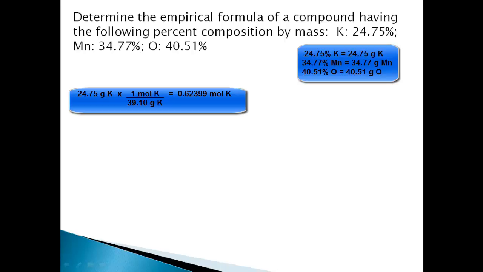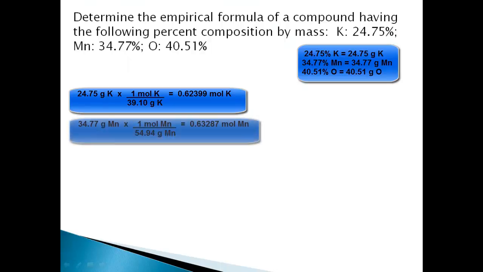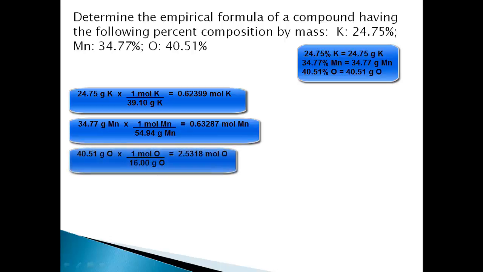I do the same thing for the others: 54.94 grams of manganese per 1 mole of manganese, and 16 grams of oxygen per 1 mole of oxygen. I calculate all that out, and you get 0.62399 moles for the potassium, 0.63287 moles for the manganese, and 2.5318 moles of the oxygen.